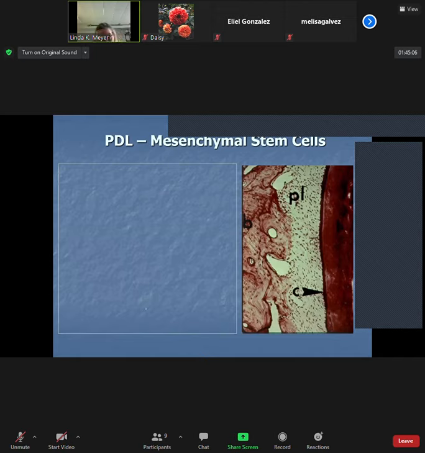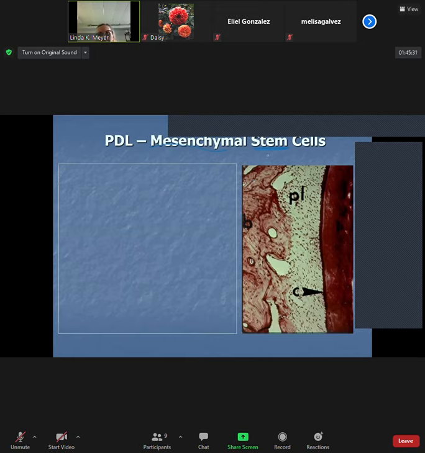Okay, so the PDL has cells that are common to connective tissue proper. And it also has the specialized connective tissue cells that I just discussed with you. One other type of cell is what's called the mesenchymal stem cell.